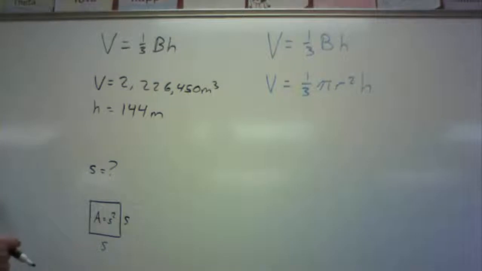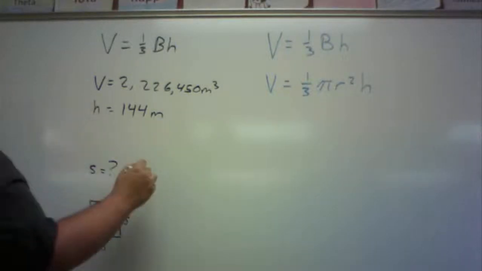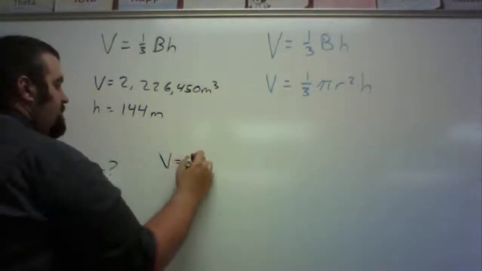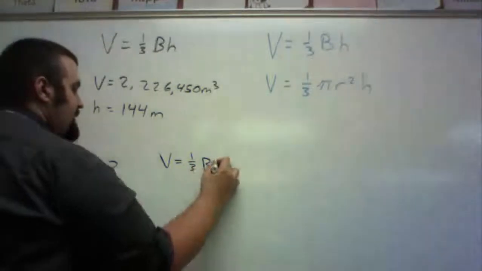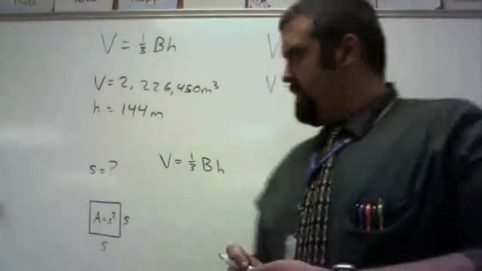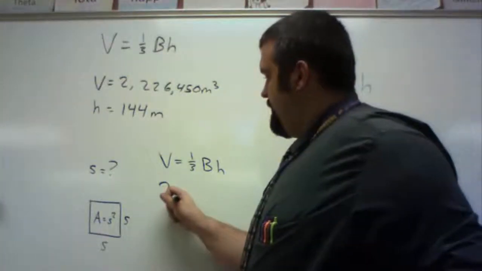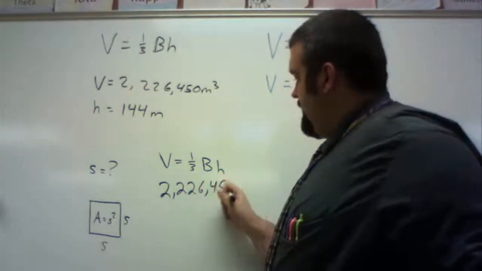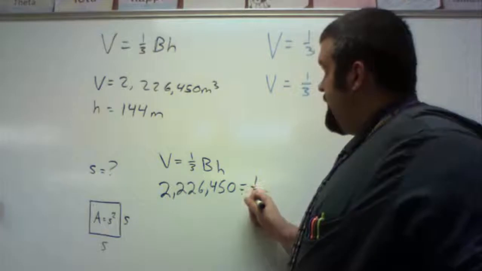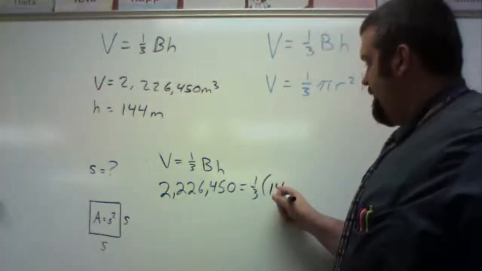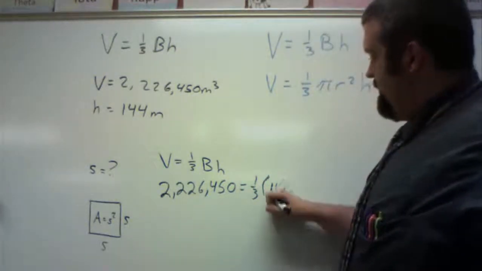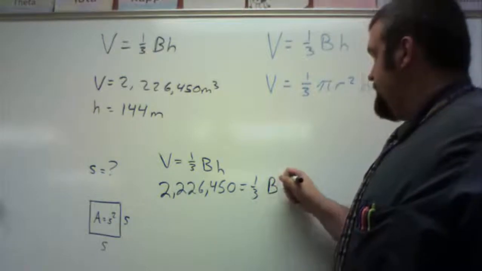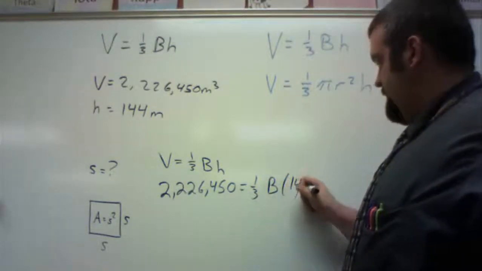Alright, so let's first find the base area. So volume equals 1/3 base area times height. So 2,226,450 equals 1/3 of capital B times 144.